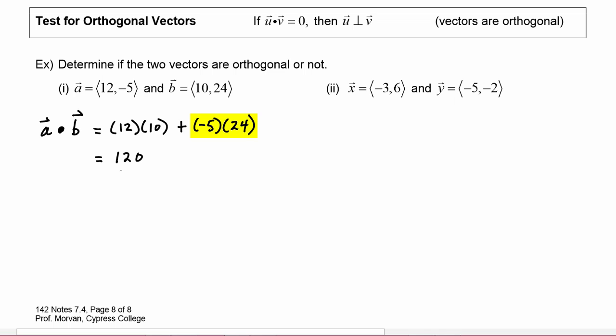Negative 5 times 24 is minus 120, which equals 0. So since the dot product of the vectors worked out to be 0, we can say, therefore, vector A is orthogonal to vector B.